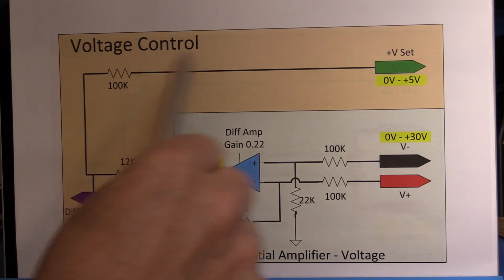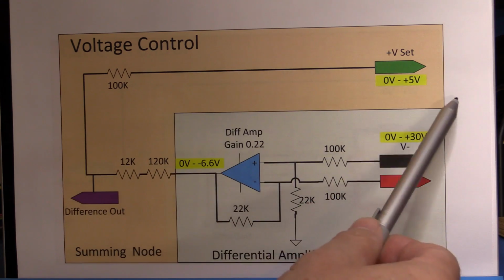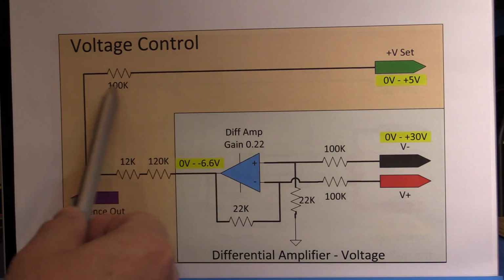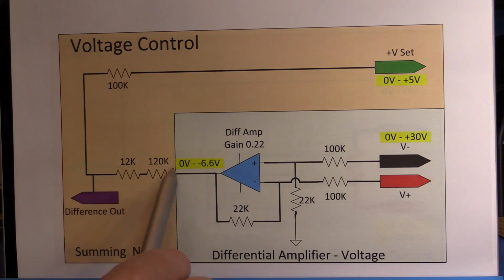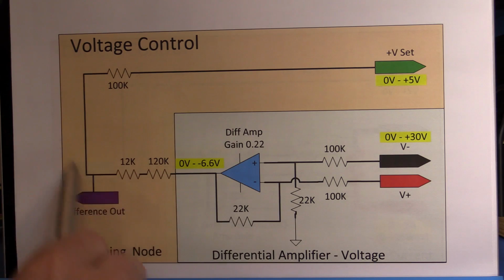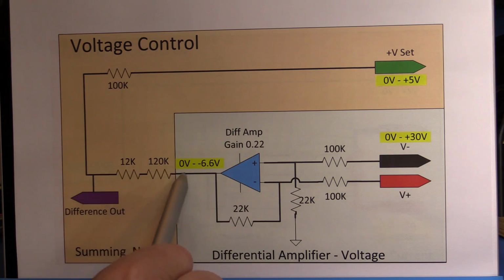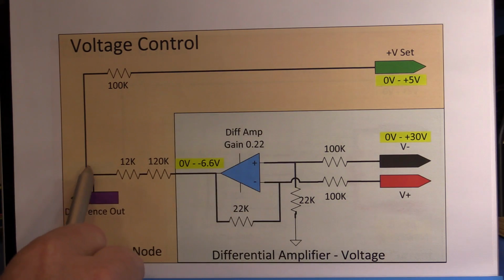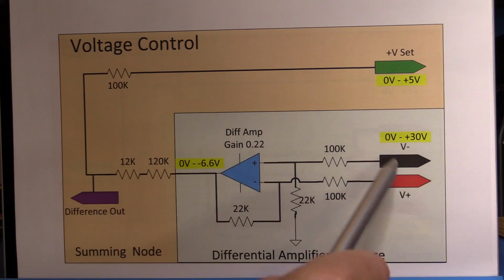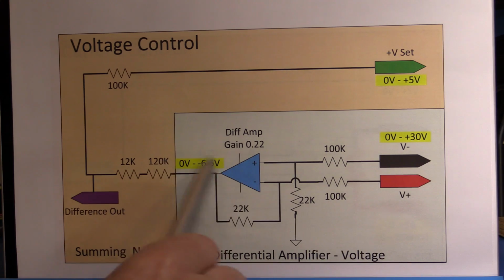Now that's not an issue, because even though my input is ideally 0 to 5 volts, I've got a standard 100K here, and all I've done is made the other side of the summing junction 132K. So we end up with ideal values of a 0 output for a plus 5 in here and a plus 30 volts here, giving us the minus 6 here.